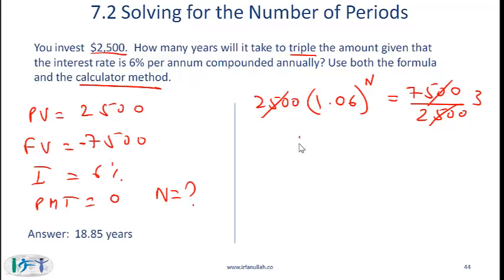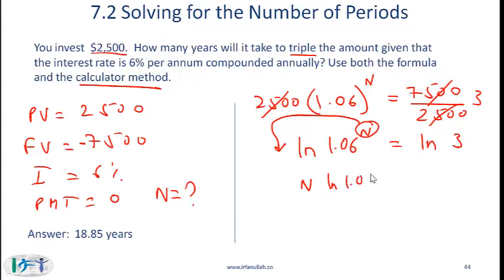Take the log of both sides, so log of 1.06 to the power of n is equal to log of 3. Using your log maths, hopefully you remember that this exponent comes down over here, so n times log of 1.06 is equal to log of 3, so n is equal to log of 3 over log of 1.06.